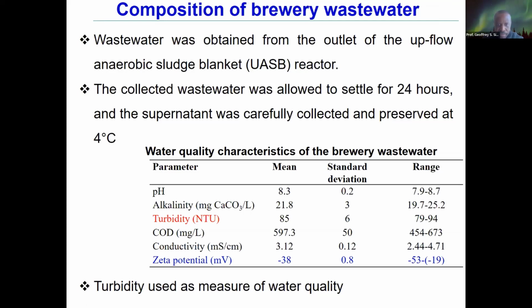In testing whether the carbon nanotubes could act as coagulants, we looked at one parameter, which was turbidity. In most water treatment processes, turbidity is used as a measure of whether the treatment process has been effective or not. So that's why we use turbidity as a measure of the flocculation process.